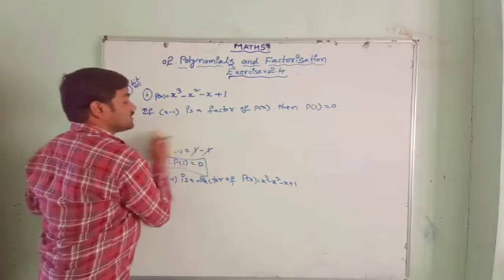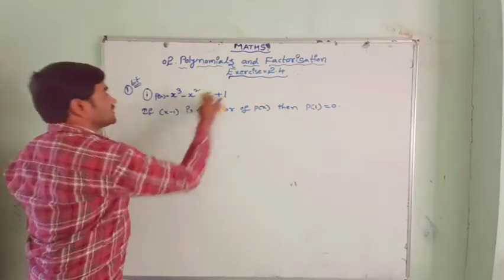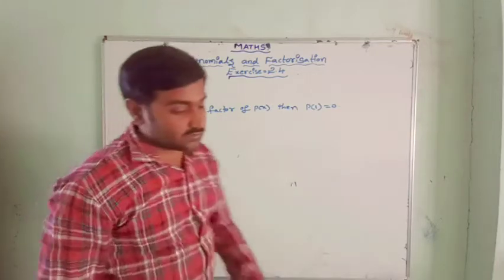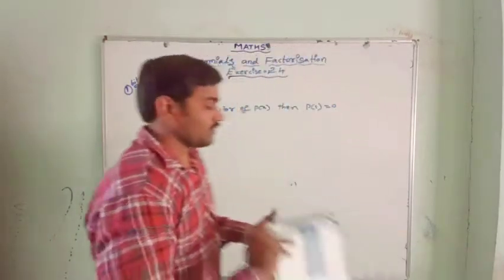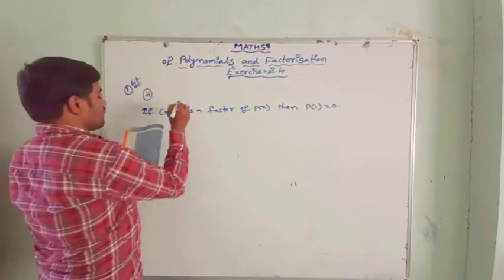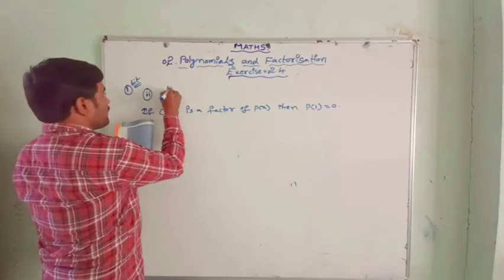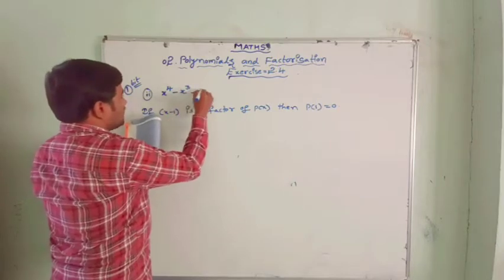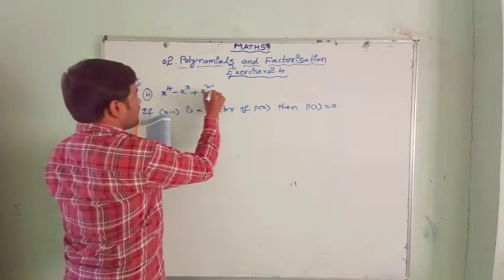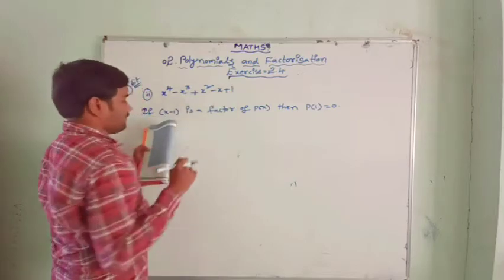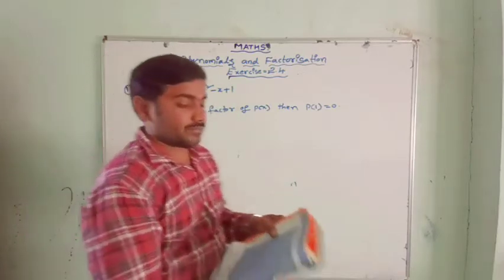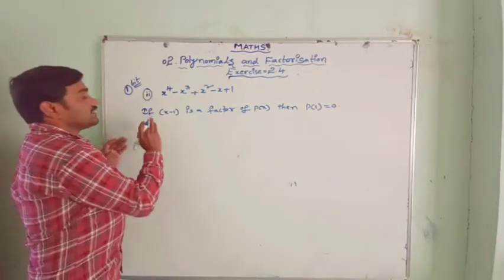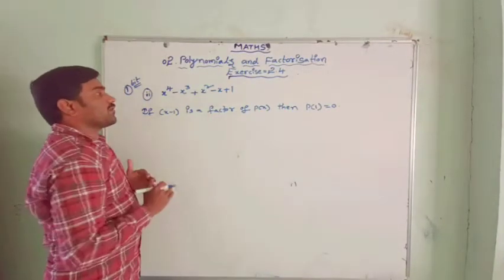Then we have to see the second question. Let me write the second question: x to the power of 4 minus x cube plus x square minus x plus 1. Here let us see whether x minus 1 is a factor of this given polynomial or not.